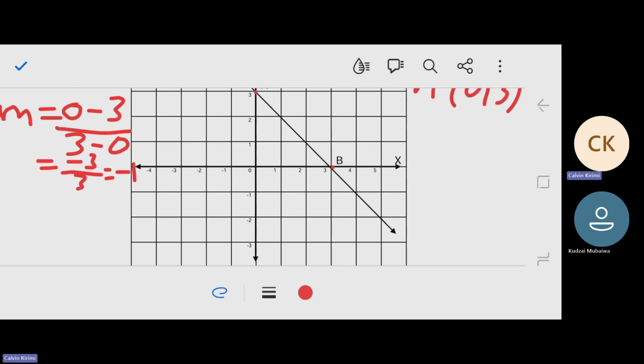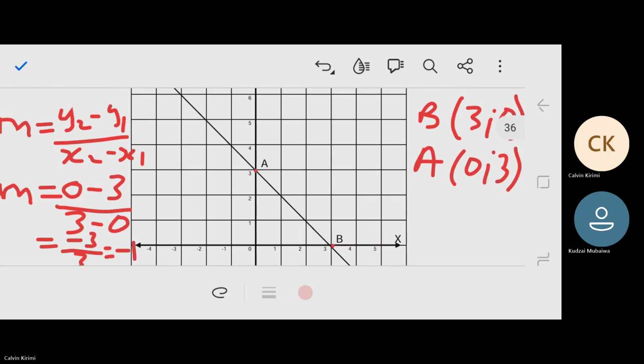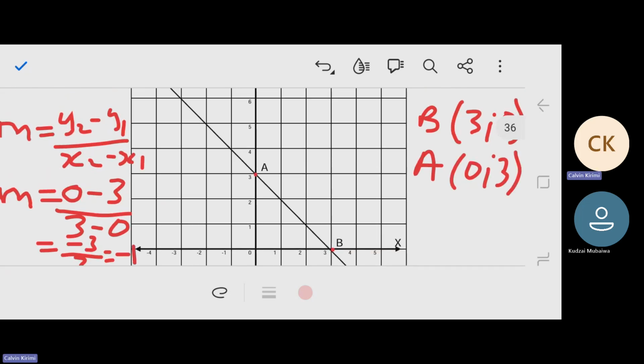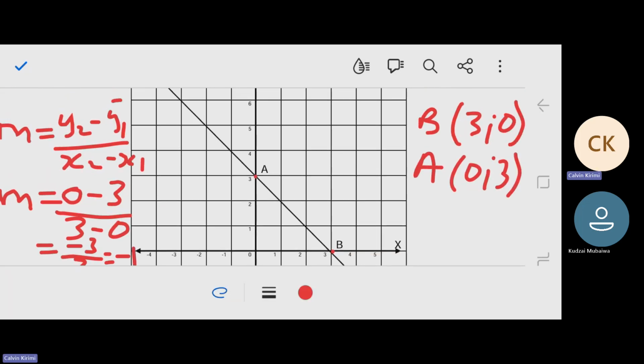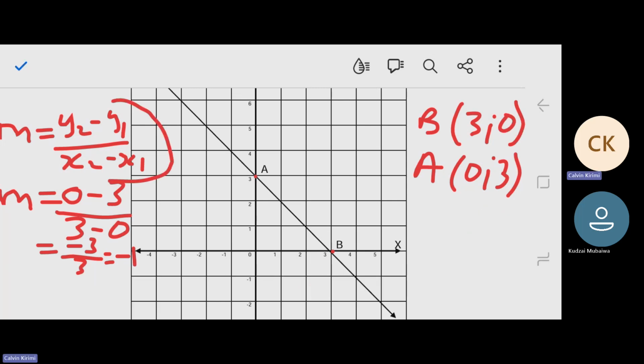All right. Anyway, I told you, when they say equation of the line, you replace this formula for gradient. Which means now we have found your m.